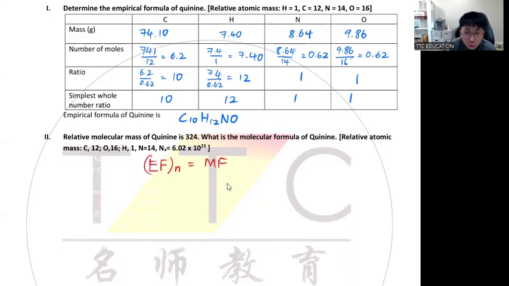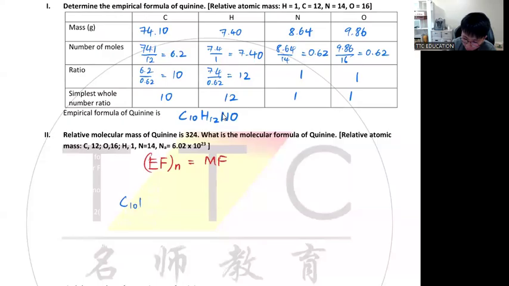So how do you do this? Usually you first substitute your empirical formula, which is already given by the question. You calculated it from the previous question: C10H12NO.